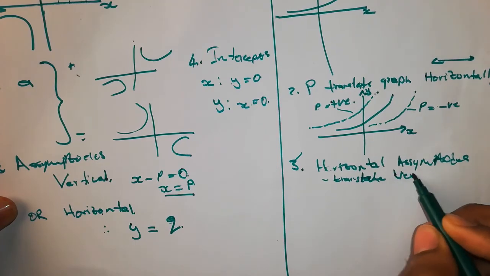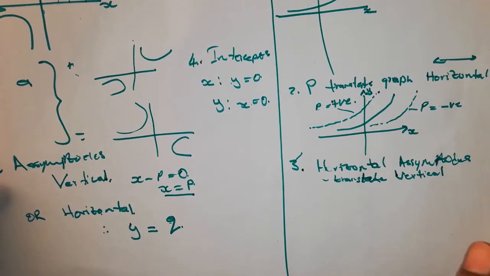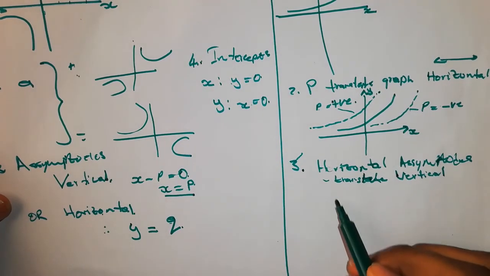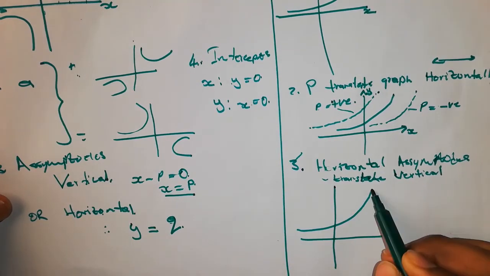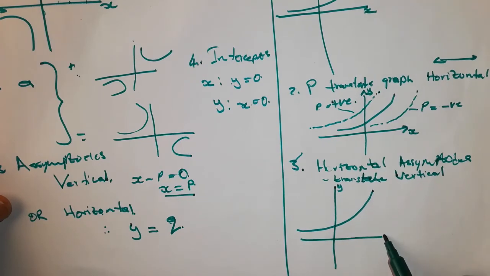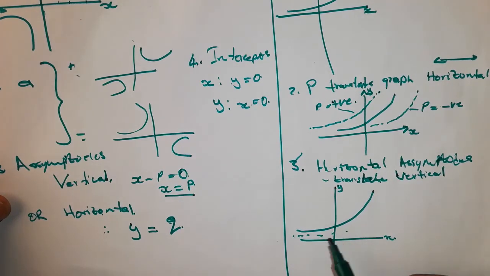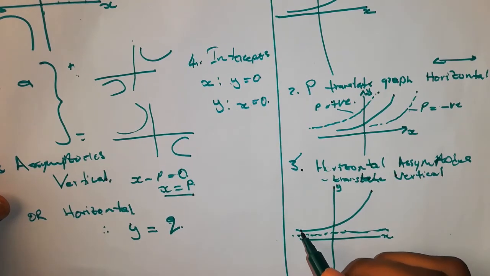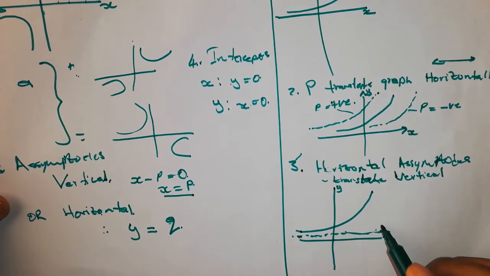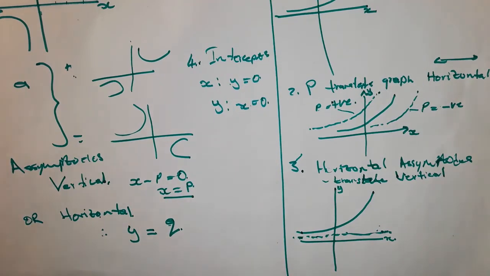So in an exponential function, the graph can decrease as much as it wants to, but it will never touch the asymptote line. So this is your horizontal asymptote, and it also translates your graph up and down.